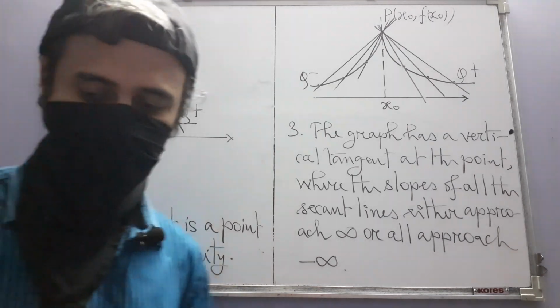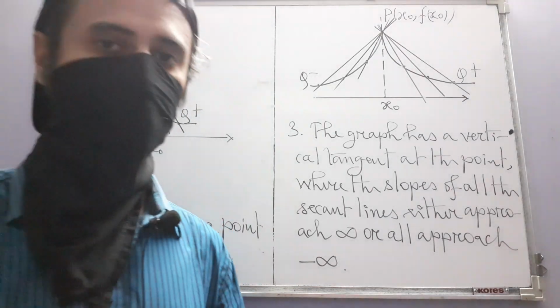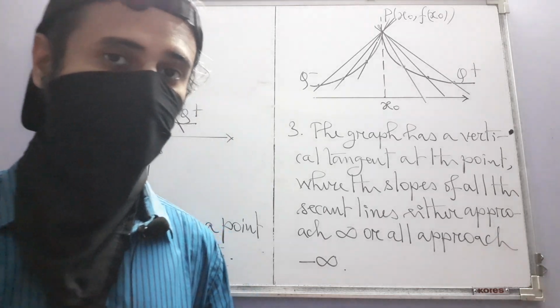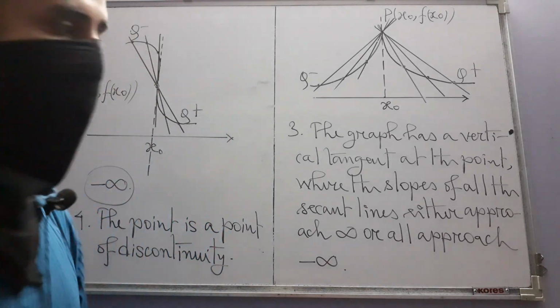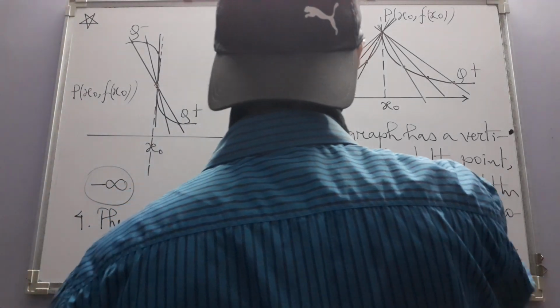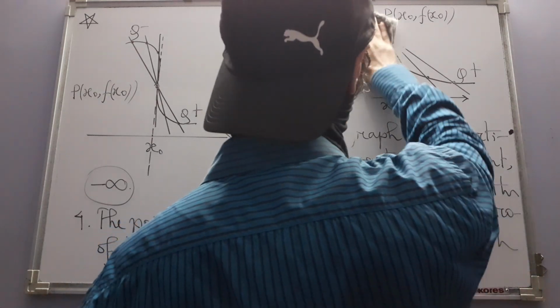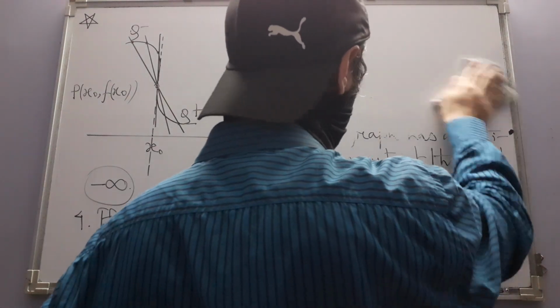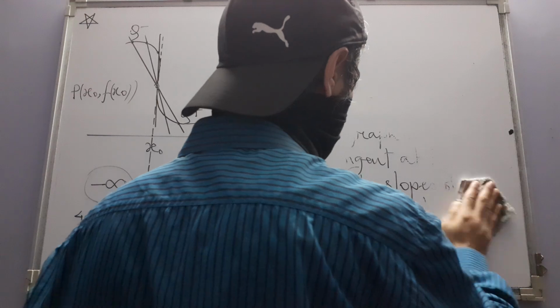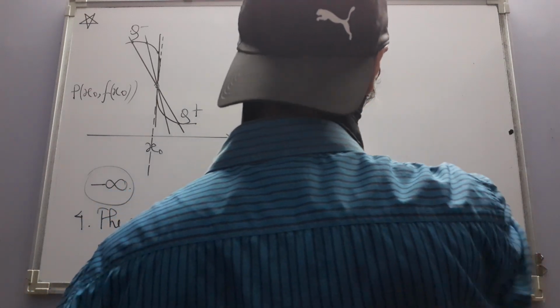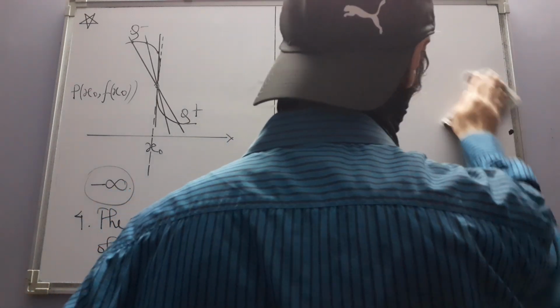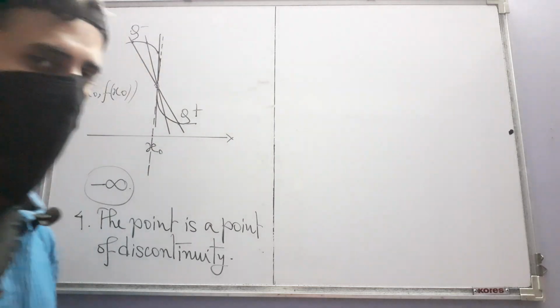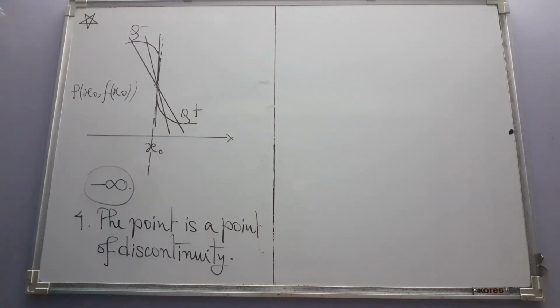In other words, differentiability has continuity as a necessary condition. If a function is differentiable at a point, it also necessarily has to be continuous at that point. Saying it differently, if a function fails to be continuous at a point, then it also won't be differentiable at that point. And let us see two cases of this.